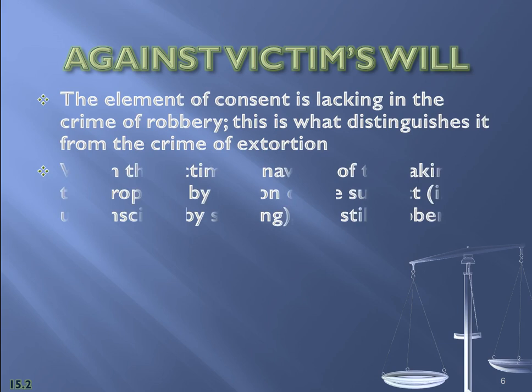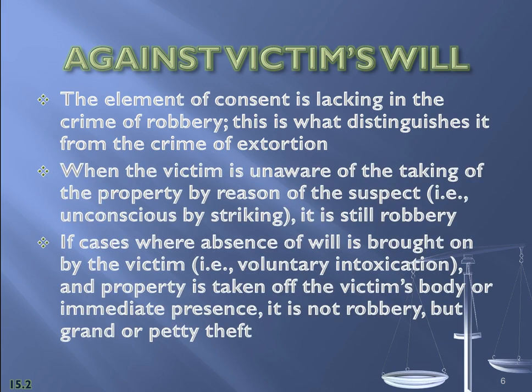So now let's look at against the victim's will. So we're just kind of going down the line. We've got the taking, we talked about the from the person or immediate presence, and now let's look at against the victim's will. The element of consent is truly lacking in the crime of robbery, and thus distinguishes it from the crime of extortion, which we're going to talk about later, which is defined further as obtaining property from another with consent.